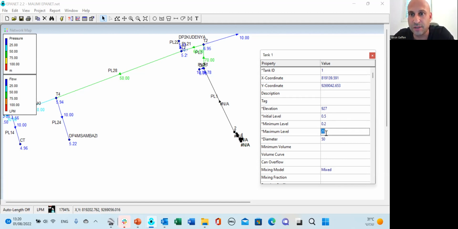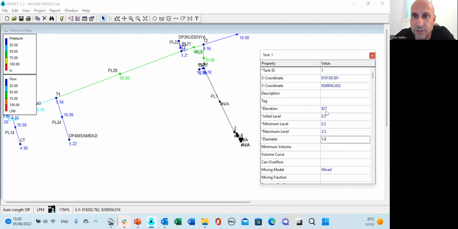The maximum level, the height of the tank, is about 2.5 meters. Diameter doesn't really matter, but let's say it's about 2 meters, okay? But the most important thing is that we are defining the elevation, the initial level and the minimum level correctly.